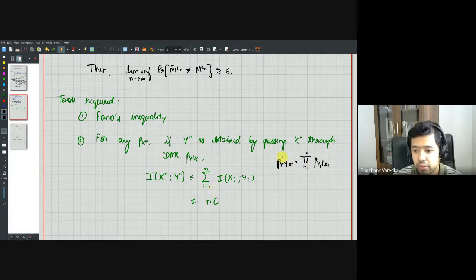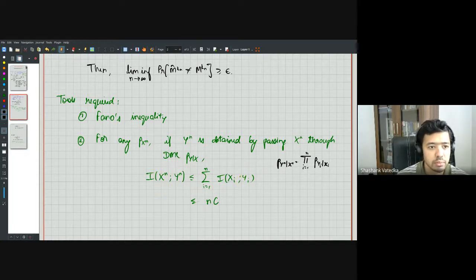If this is not true, if the channel is not memoryless, then this inequality does not hold. So we're crucially using the fact that the transmission is happening through a discrete memoryless channel, and only in that case this result holds.